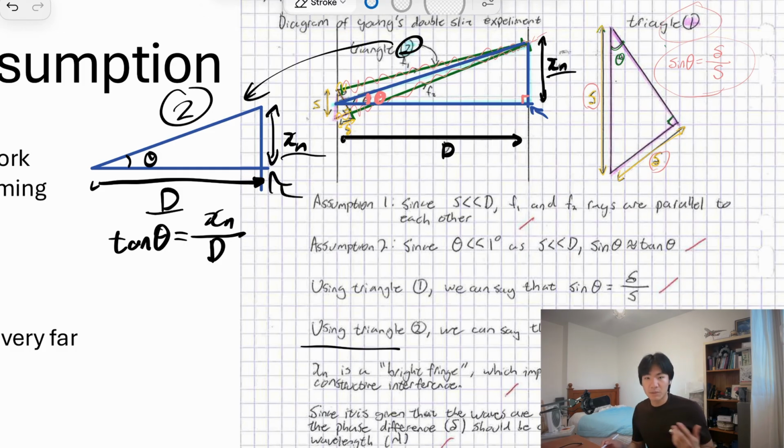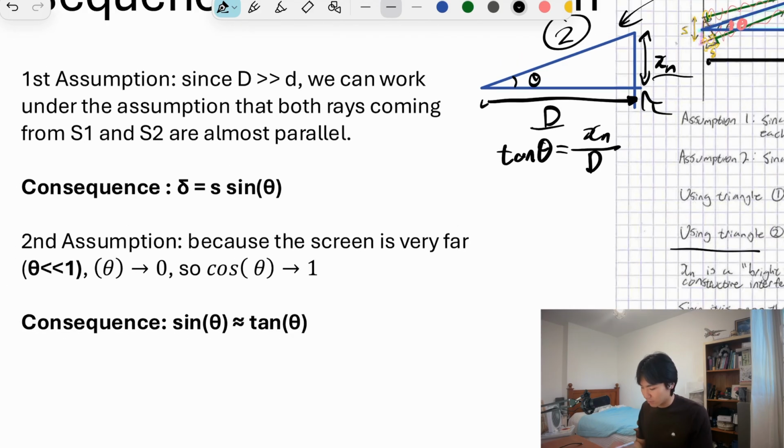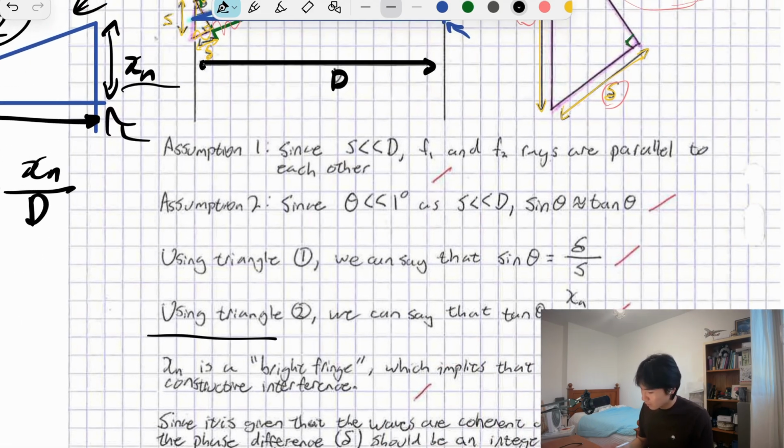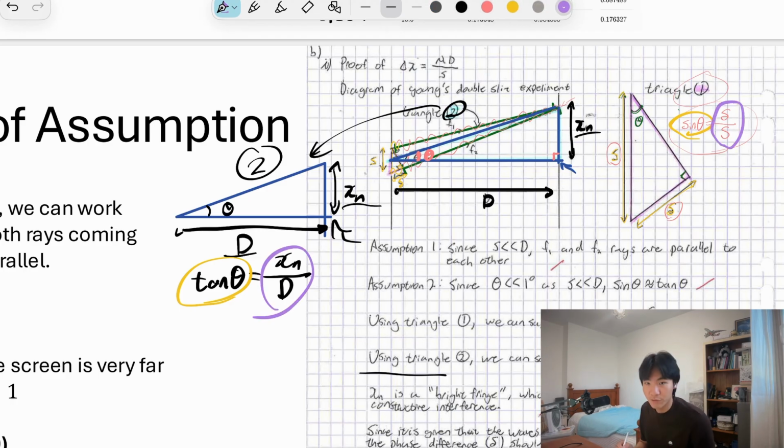What do we say about the second assumption's consequence? We know that sine theta is equal to tan theta, which means that delta over S is equal to xn over d.